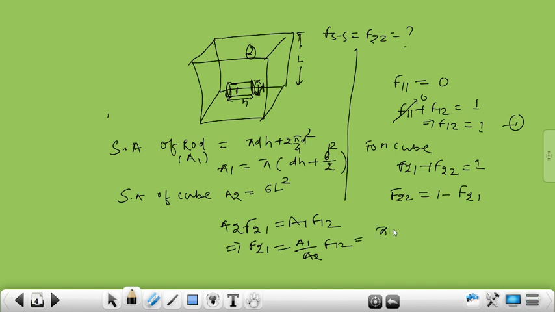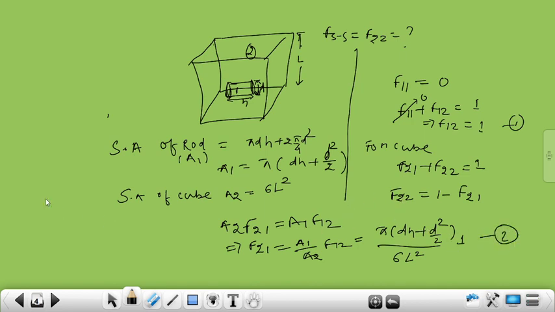A1 is given as pi D H plus D square by 2, divided by A2 equal to 6 L square. F12 is given as 1. This is equation 2.